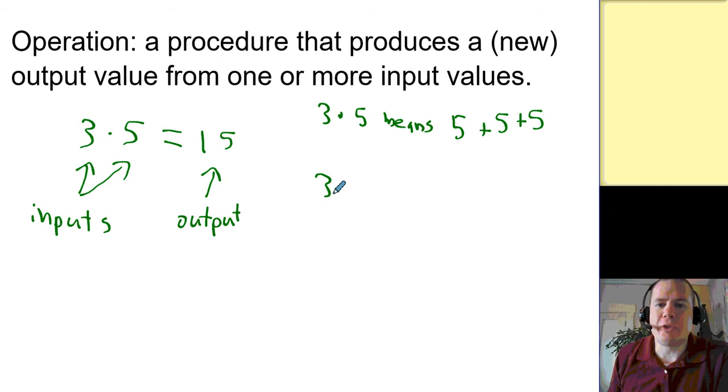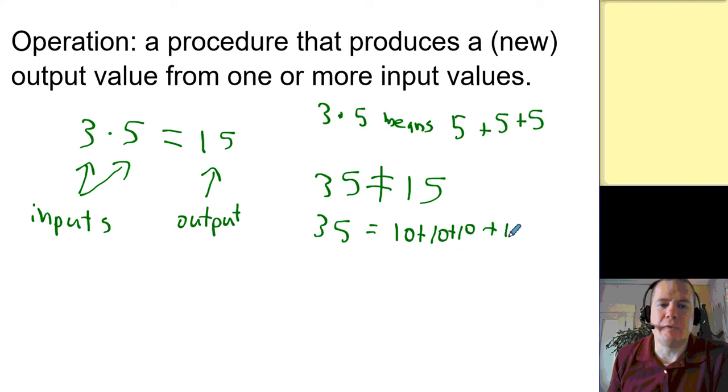If I just have a 3 and a 5 next to each other, that's not the same as 15. That's the same as 3 tens and 5 ones. Right? 30 and 5. That's what a 2-digit number means.